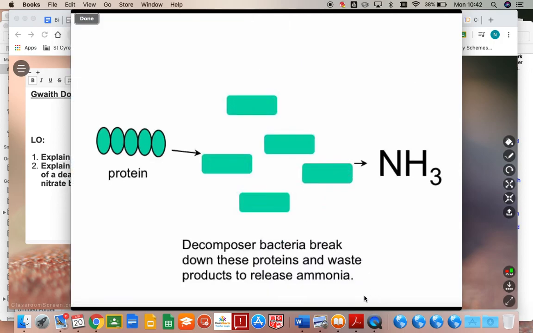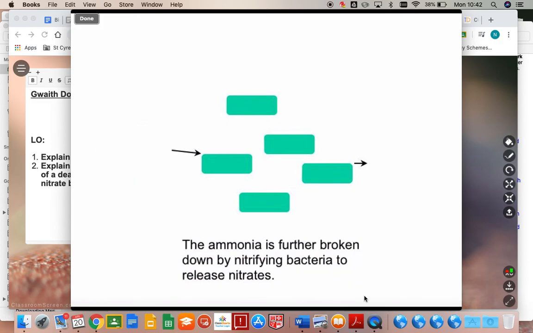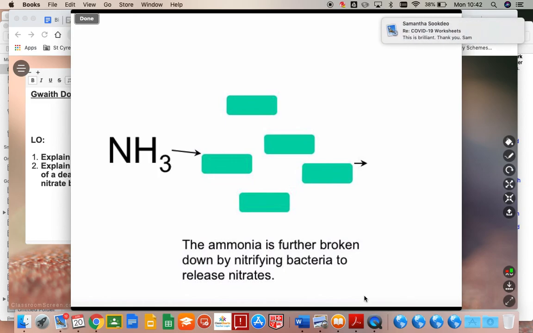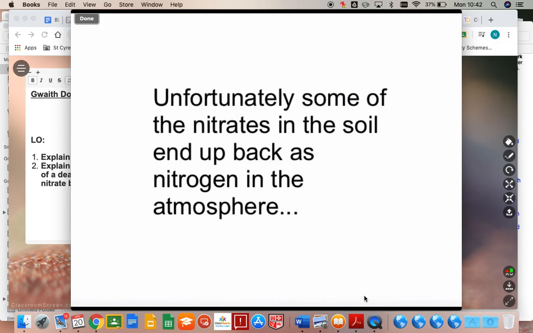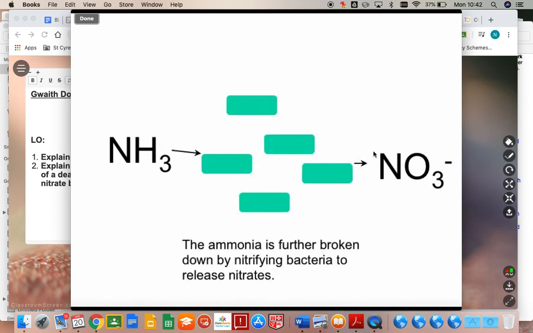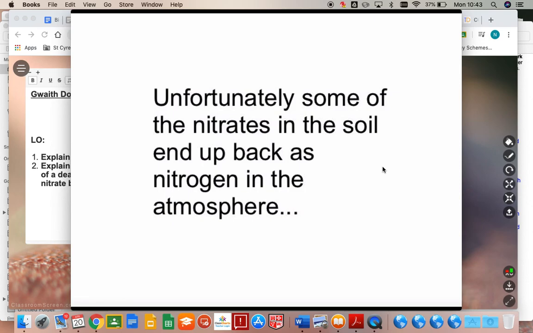So the proteins are broken down firstly by decomposers into ammonia, and then another lot of bacteria, called nitrifying bacteria, take the ammonia and make it into nitrates. This is basically how fertilizer and compost work. You put manure into the soil, it's broken down firstly into ammonia, then into nitrates, and then the plants can use that.